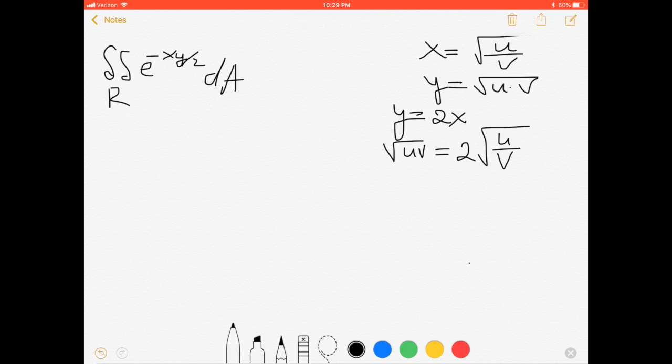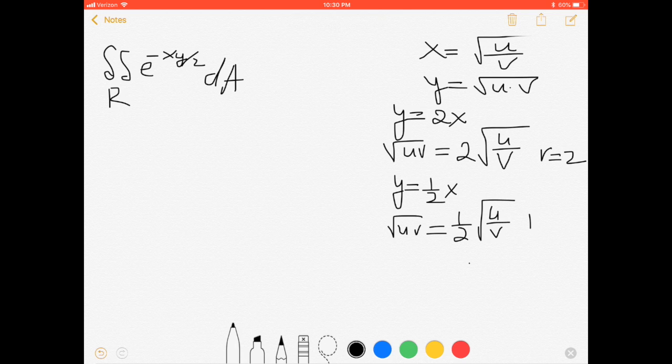Try to simplify: square root u and u cancel, and you have v equal 2. Second line, y equals 1/2 x. Same plugging for y, square root of uv, and plugging for x, that's 1/2 square root of u over v.